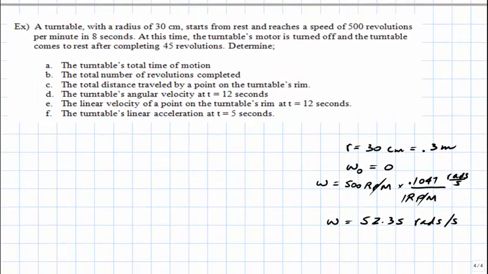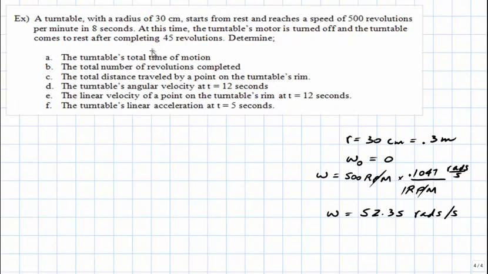Now, we also know that the turntable completes 45 revolutions before coming to rest in the second phase of the problem. 45 revolutions refers to the turntable's angular displacement. However, revolutions are not an appropriate unit to describe displacement. The revolutions must be converted to radians.